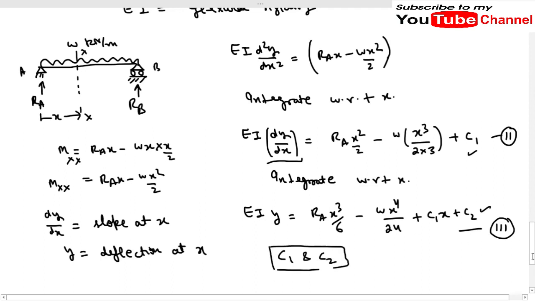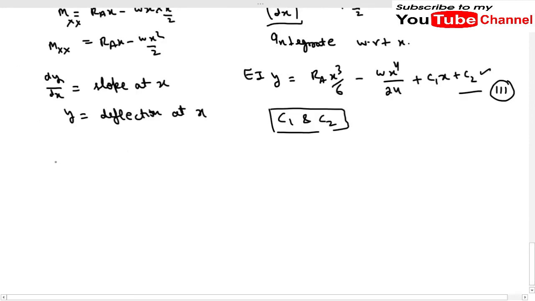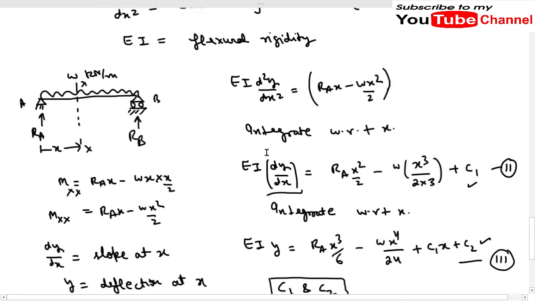For this task we will use boundary conditions. So what are boundary conditions? Boundary conditions are very important for solving these types of problems, and boundary conditions mean we know such points where we know the deflection and slope. So if I see this simply supported beam, at A we have a pin support and at B we have a roller support.